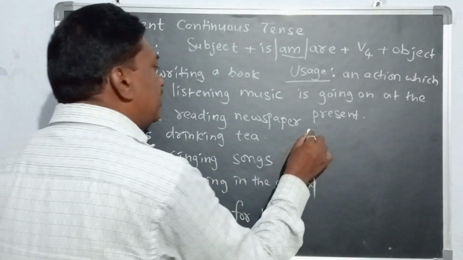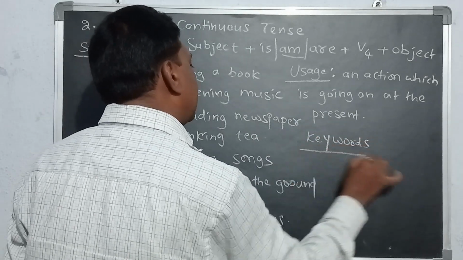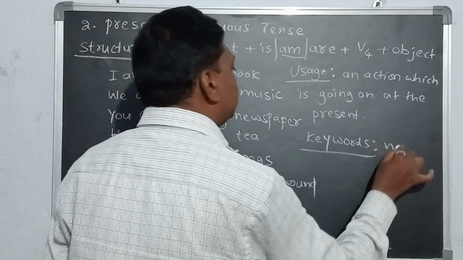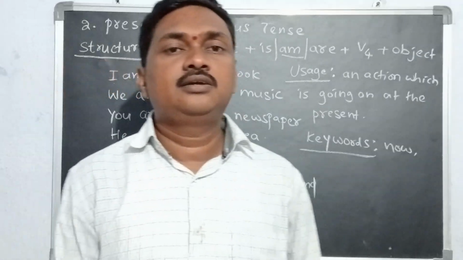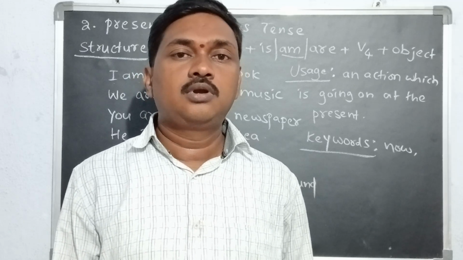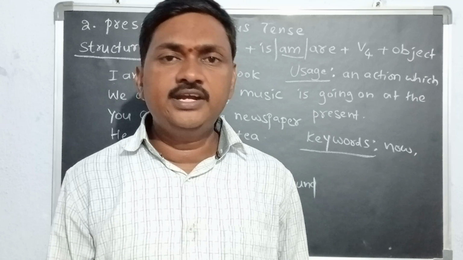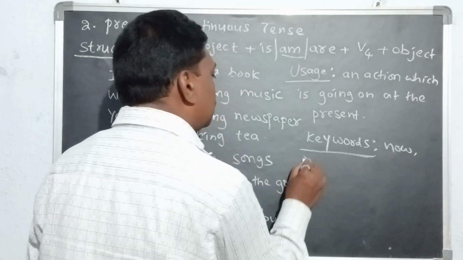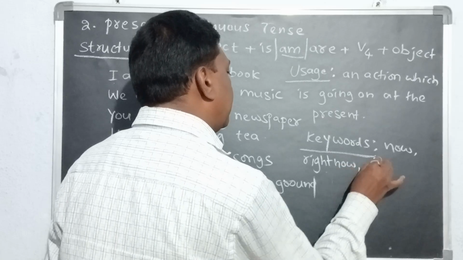Okay, so keywords. What are the keywords we use in present continuous tense? Now. I am teaching English grammar now. Now I am making a video. Right? Next, now, right now, at present.